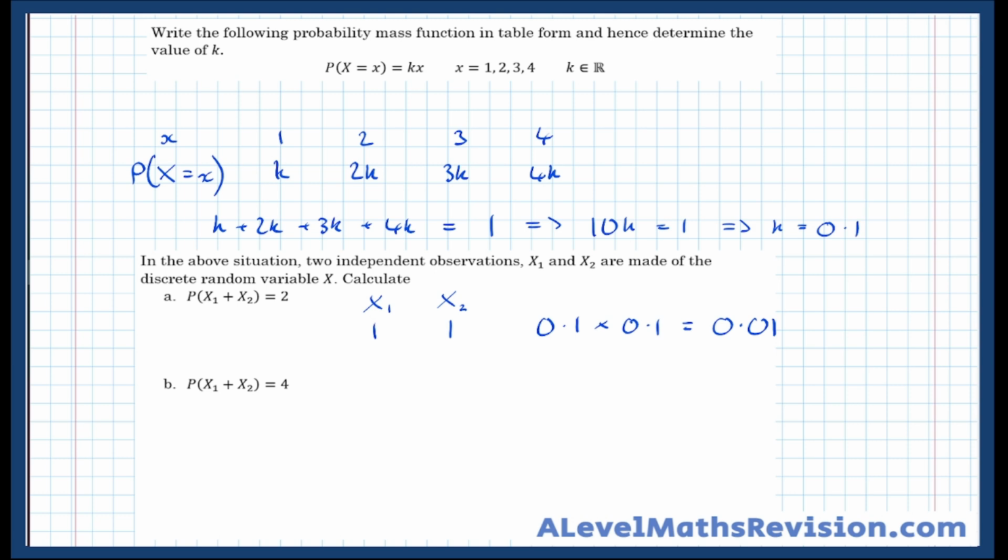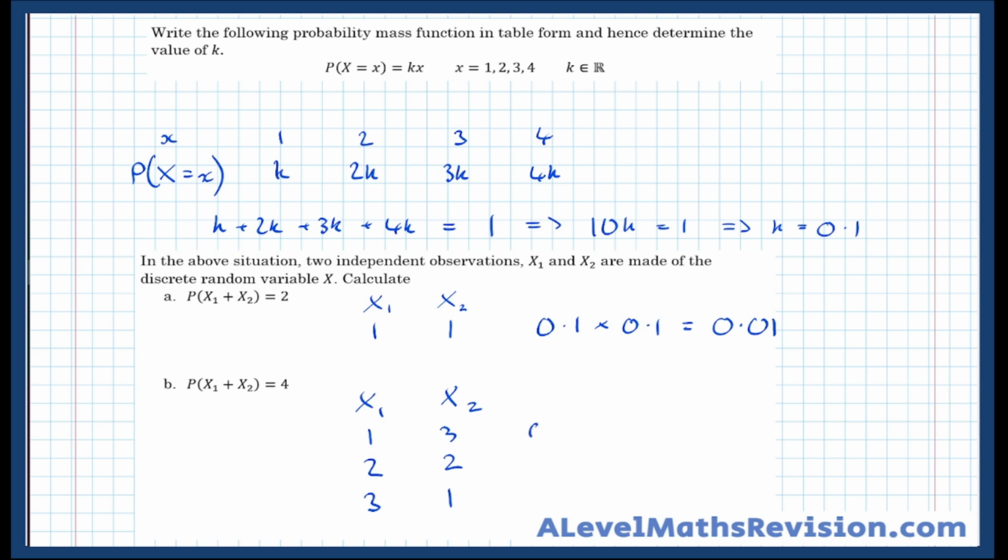The probability that x1 plus x2 equals 4, so we've got to again think of all possible combinations that would lead us to the 2 outcomes adding up to 4. We could have 1 and 3, we could have 2 and 2, or we could have 3 and 1, and that's all of them.